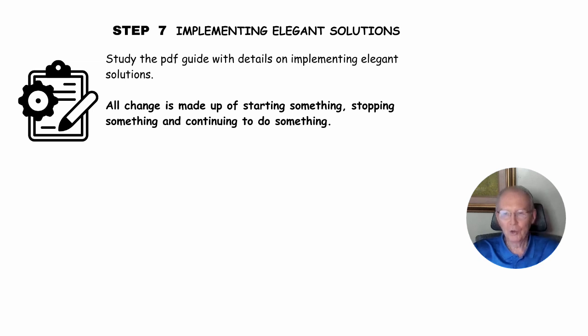So you're stopping the old way of doing it and starting the new way of doing it. And so at the beginning of coming up with implementation, you get very clear on all the things that need to be started doing and anything that needs to be stopped doing. And that makes your planning and implementation much easier.